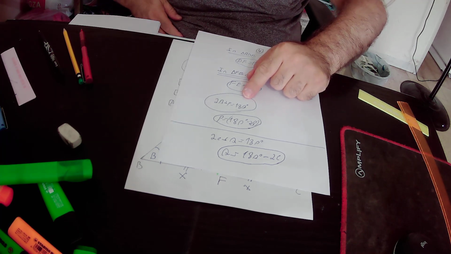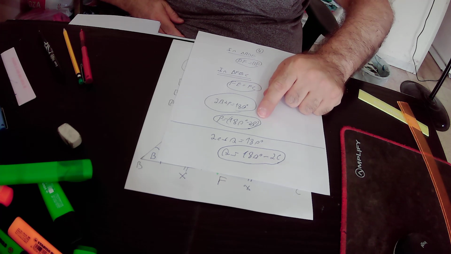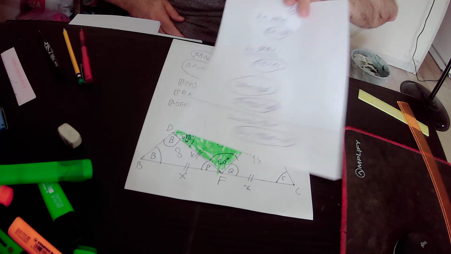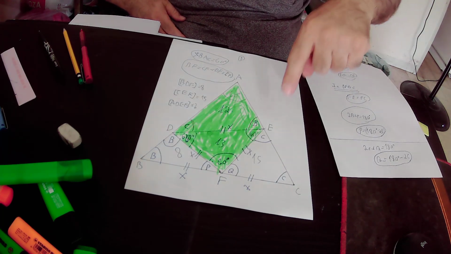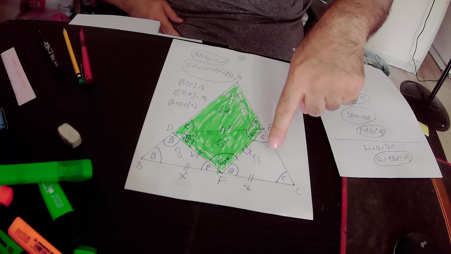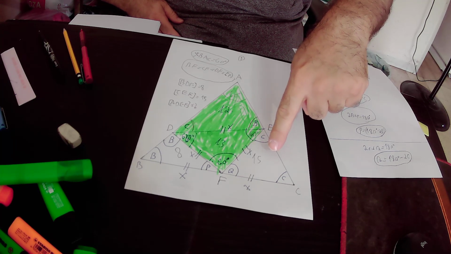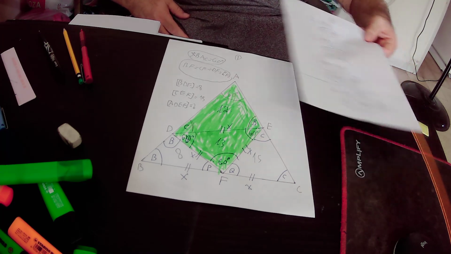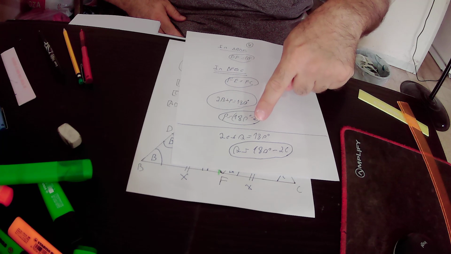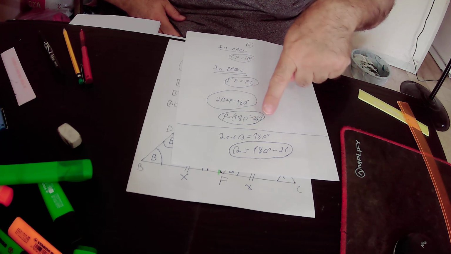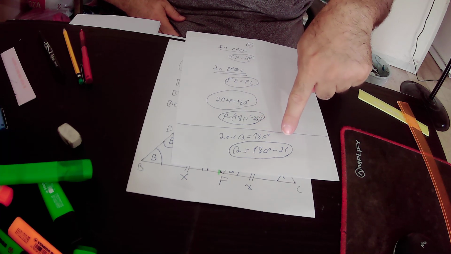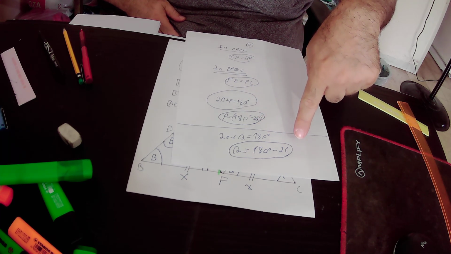We subtracted 2B from this equality and we got that P equals 180 degrees minus 2B. And the same thing we did here: the sum of the angles in this triangle is 180 degrees, so 2C plus Q equals 180 degrees. We subtracted 2C and we got that Q equals 180 degrees minus 2C.